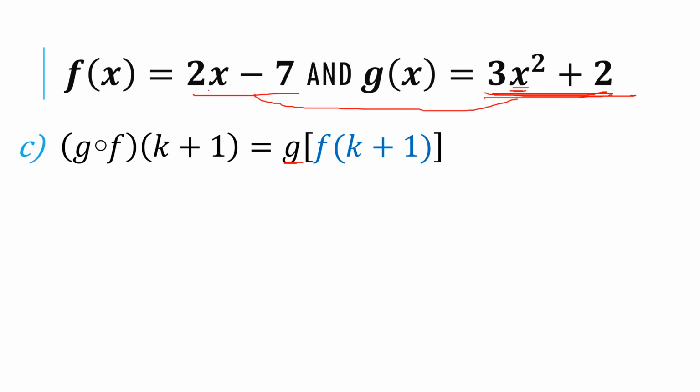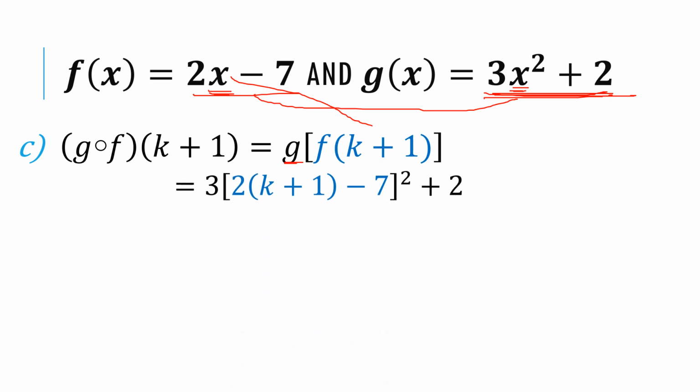But instead of writing x sa 2x minus 7, we will use k plus 1. Okay, rewrite natin lahat. So, ito na siya. Instead of writing x here, ginawa siyang k plus 1. And instead of writing x here, ginawa siyang 2 times the quantity k plus 1 minus 7.